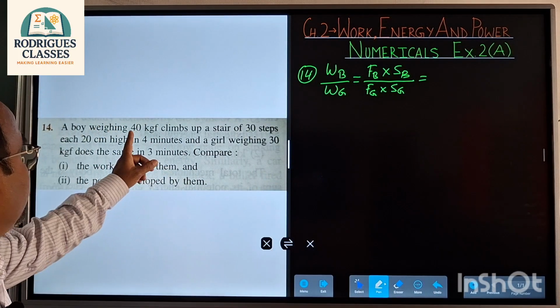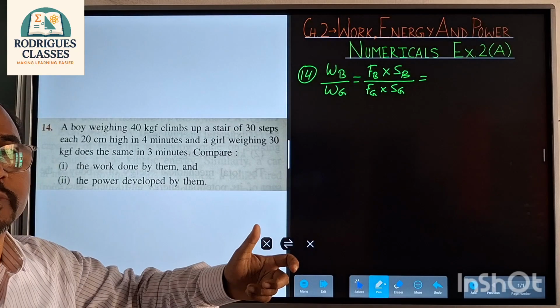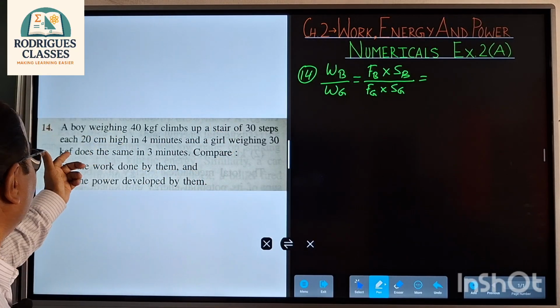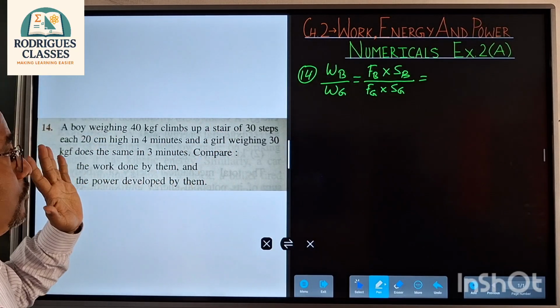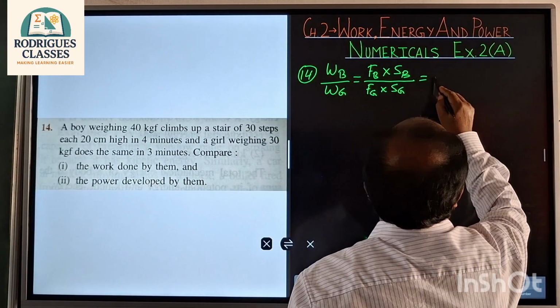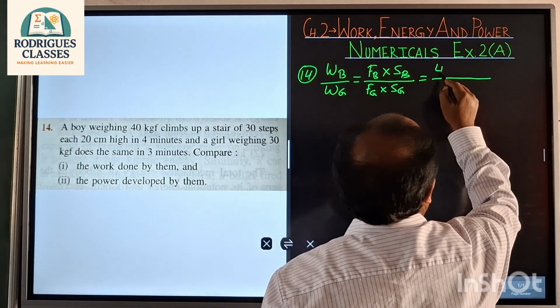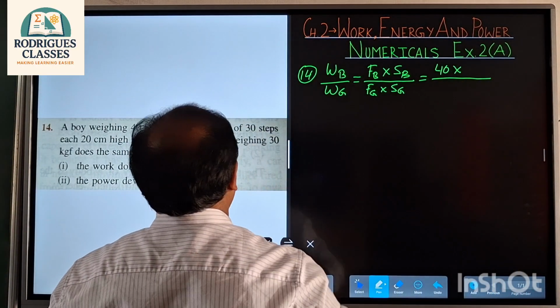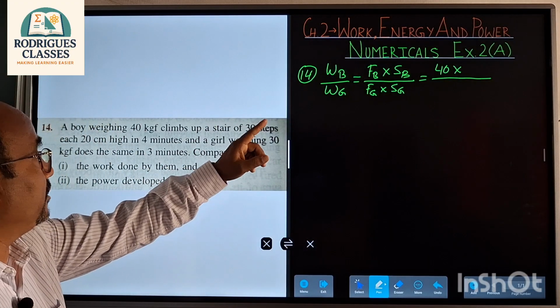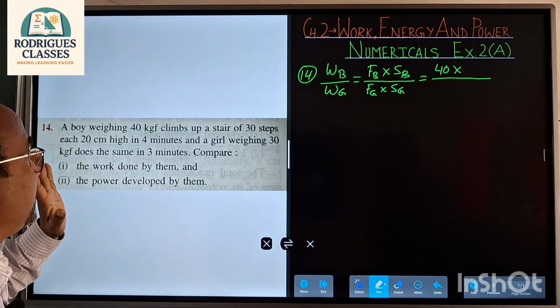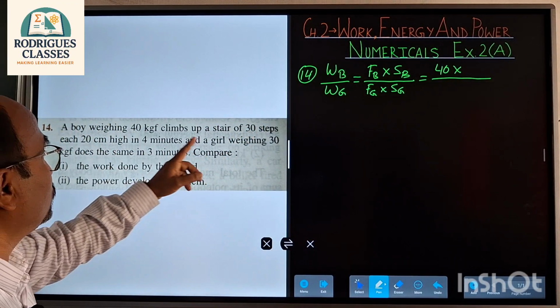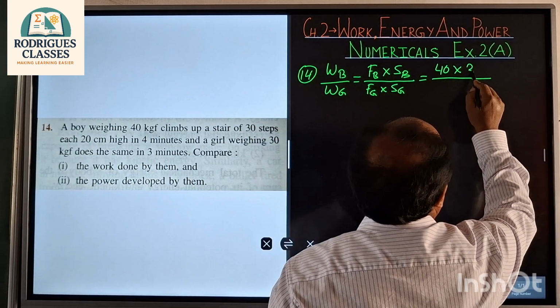Force here is 40 kgf. I will not try to bring it into Newton because the other one is also in terms of kgf. So I am writing here first of all for the boy 40, and the displacement will be 30 steps of 20 centimeter each. So I can do 30 into 20.